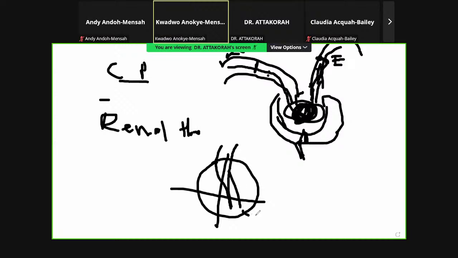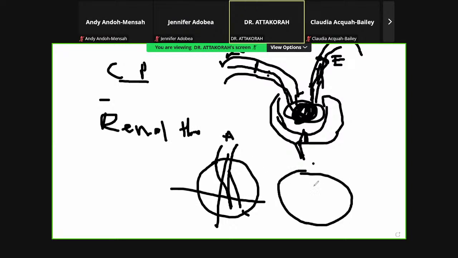Via this aorta, aorta A. And we have another heart, left-sided, pumping blood to the general circulation. This is aorta B. What is the difference between aorta B and A? In terms of the lumen, what is the difference?